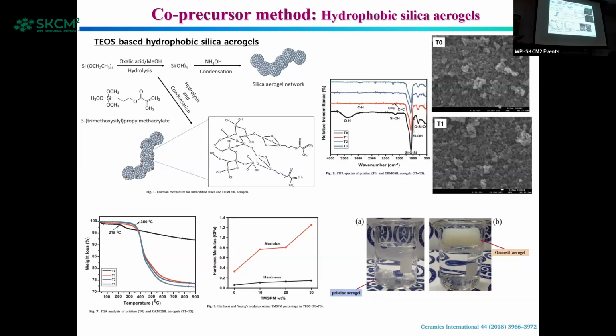This surface contains acrylate groups, and that can enhance the modulus of the aerogel. The modulus increases when we increase the percentage of TMSPM in the silica aerogel, and thermal stability also increases because of the acrylate group on the surface.